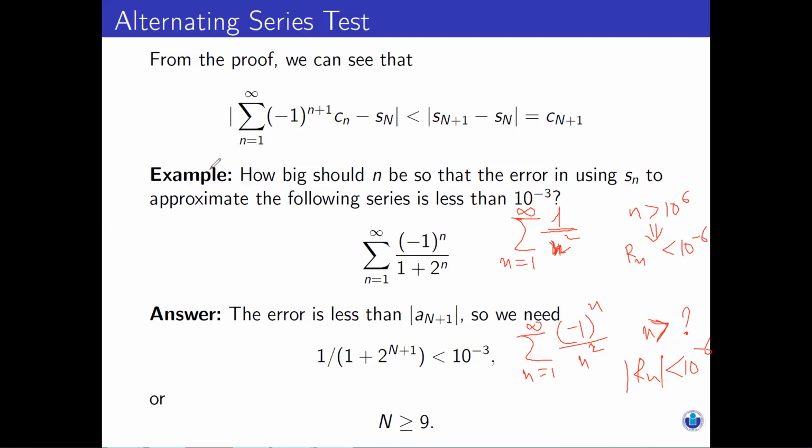Well, you can just do the following. You just use the estimate, right? Rn is S minus Sn, so it's less than the next term. But the next term in the series is this one, right? So if you want this, you simply need n plus 1 bigger than 10 to the power 3.